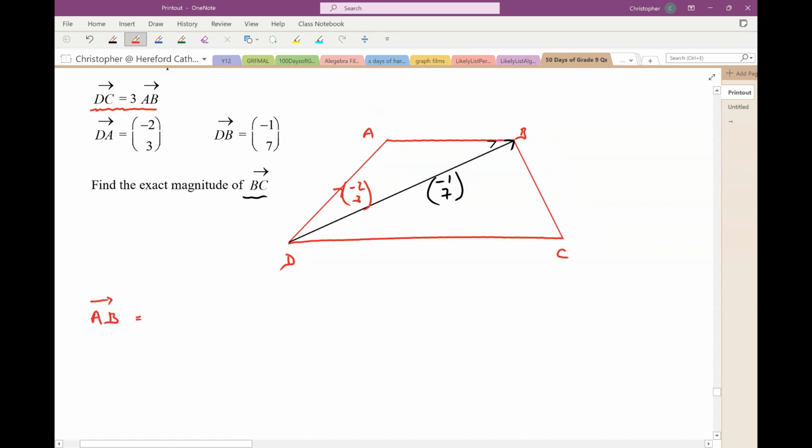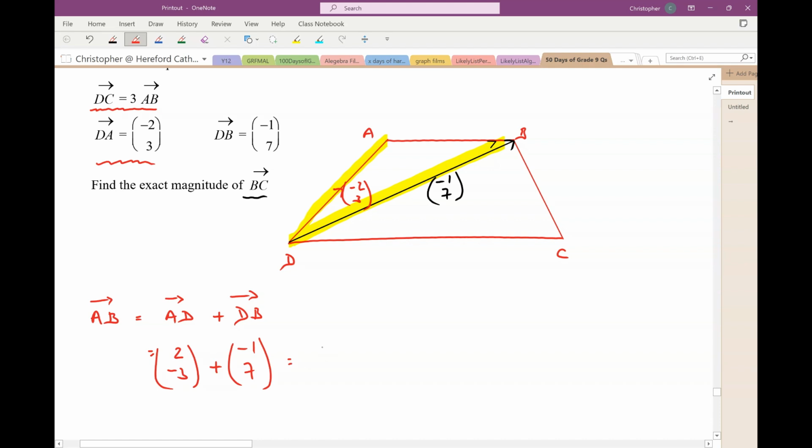Well, to go from A to B, I'm going to go AD, that's down here, and then DB. So plus DB. Now I know AD because it's this one backwards, so it's 2, minus 3. I'm going to add on D to B, which is minus 1, 7.